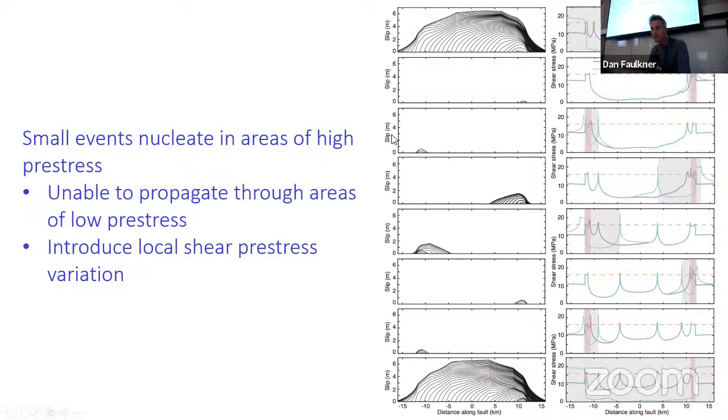The next event that occurs, this little one here, nucleates from the opposite side of the model and propagates towards the right. But this dies out too because it hits this low stress region, though it leaves this spike of stress in here. And this happens again and again until we reach this situation, where a number of the small events have changed the stress distribution on our fault.